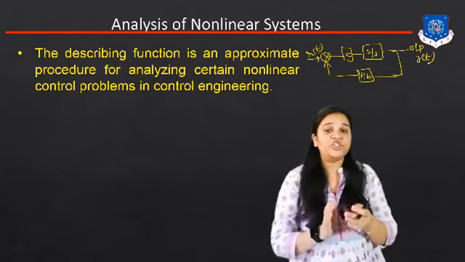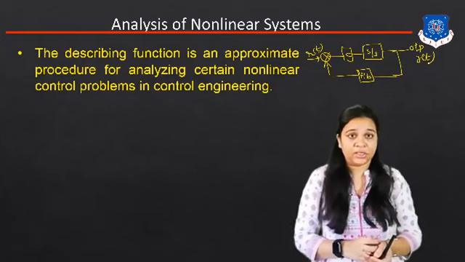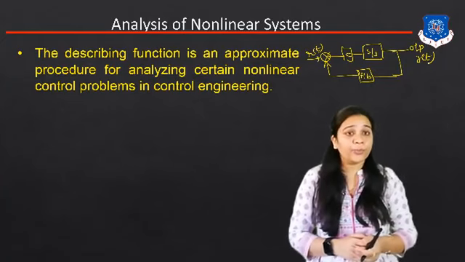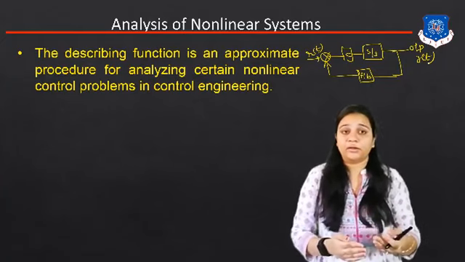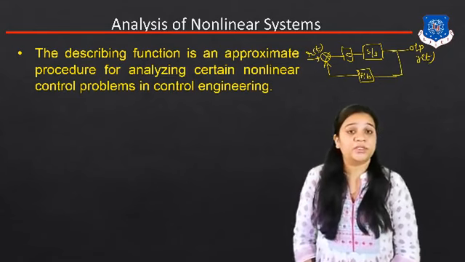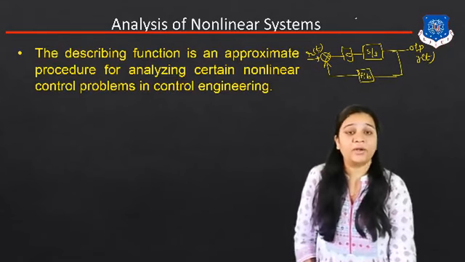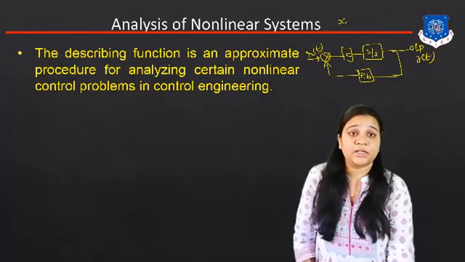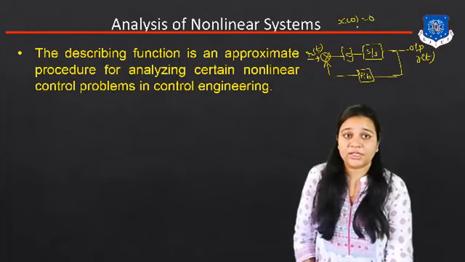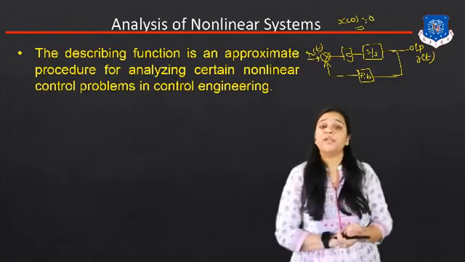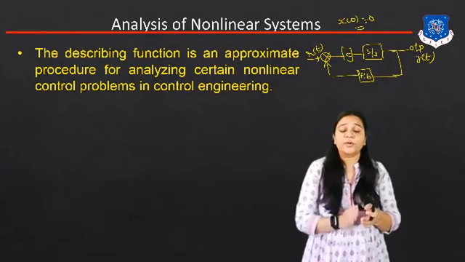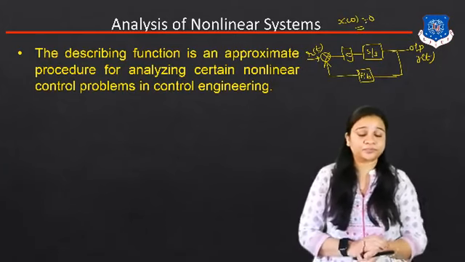Any change in the initial condition does not change the output of a linear system. As you are aware, we take the initial condition, for example x(0) = 0. That type of system is known as a linear system.